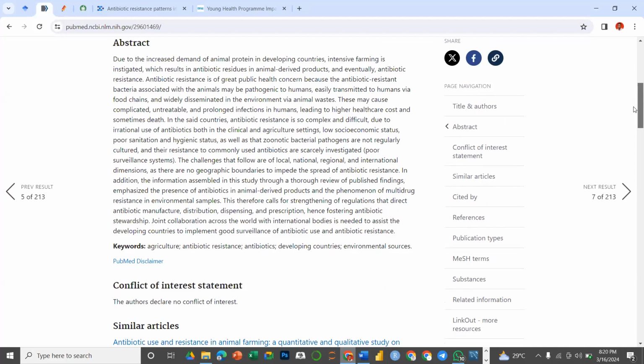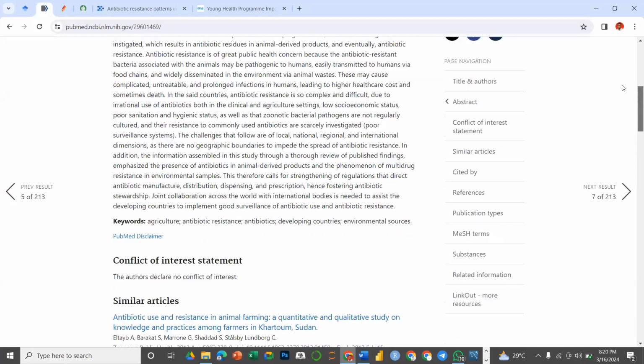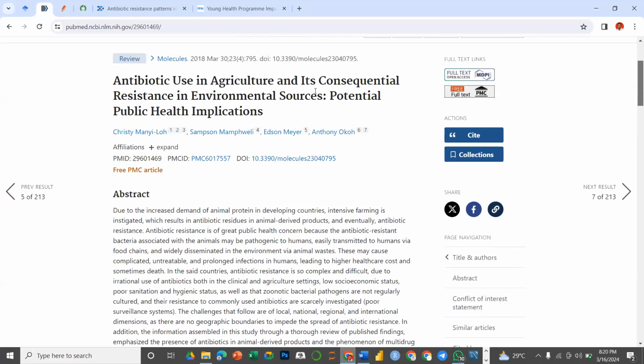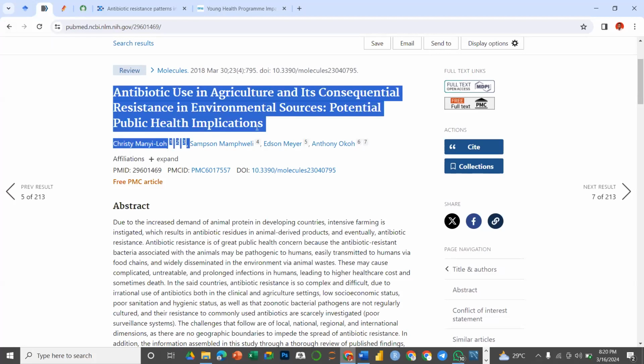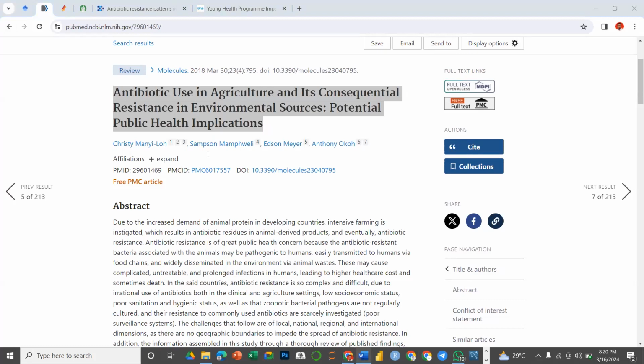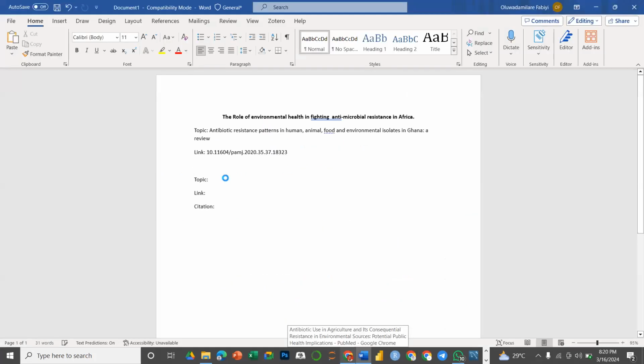I can't see anything that talks specifically about whether their area of study is Africa. So I might try to leave this out, but this article might be important in my discussion and in my explanation, because I might get more context in how it is used in agriculture. But really, it's not primarily focused on my area of study. So I can also make use of this particular article.